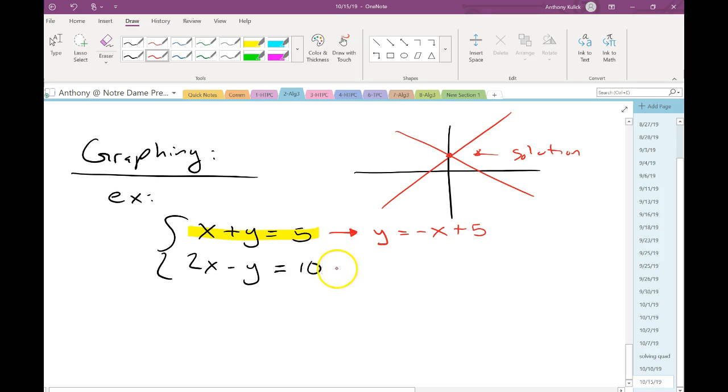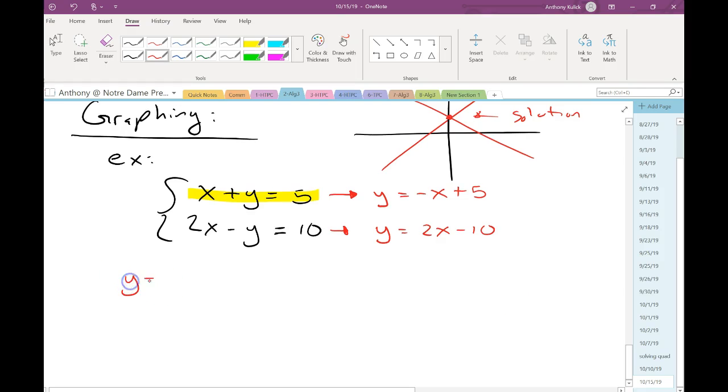And in the second equation, I'd have to subtract 2x from both sides and then divide by a -1. So I skipped showing that. Is everybody okay with what I did there, though? Basically just got the y's by themselves, right? Not a big deal.